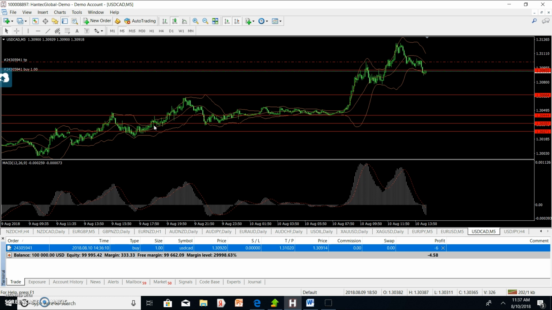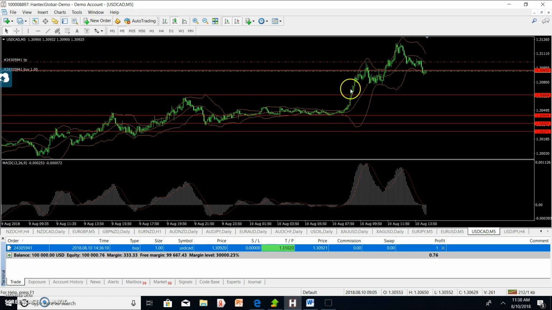I want you to understand that the trend is your friend. Scalping on its own is usually a difficult trading style, because you could get blown off. You could get into trouble just trying to get 10 pips, and before you know it, you are taking a loss of 200 pips while trying to get 10 pips. So that's why it's always important to scalp in the direction of the trend.